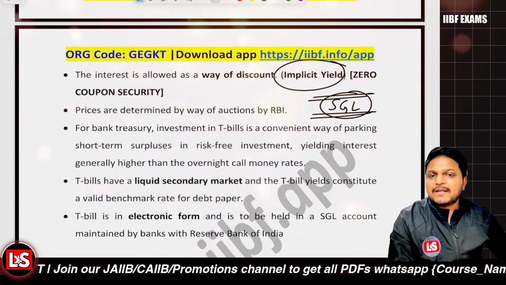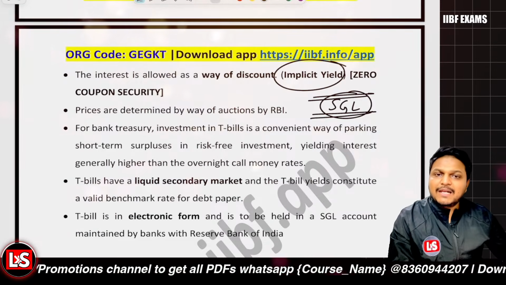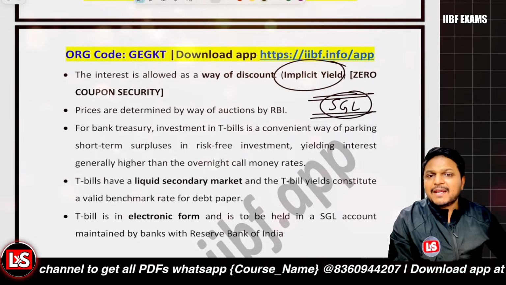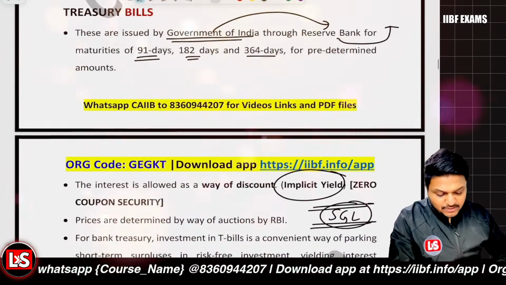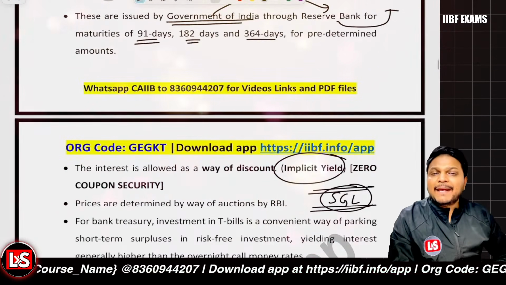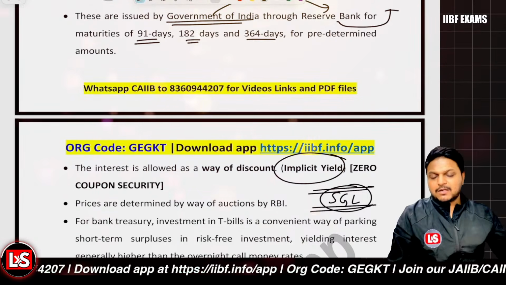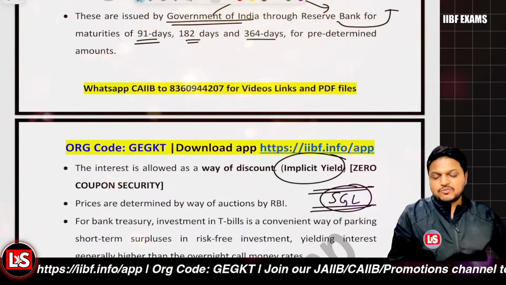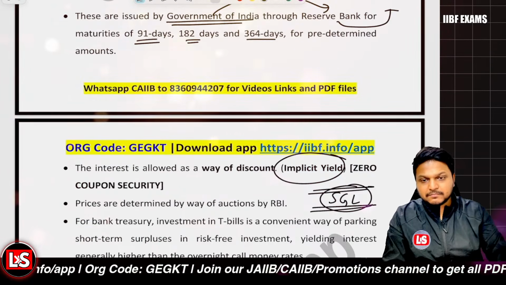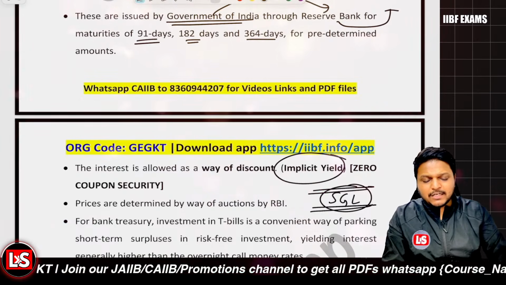It is in dematerialized format and it is very risk free. It is very liquid in the secondary market, and treasury bills work as the benchmark for the debt market yield. Many times the treasury bill is taken as a benchmark. Clear with it? Right? And what is the denomination?